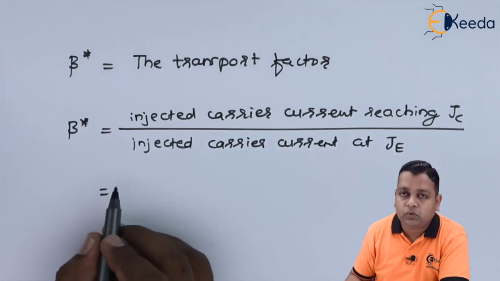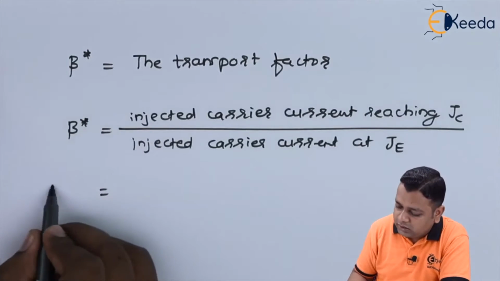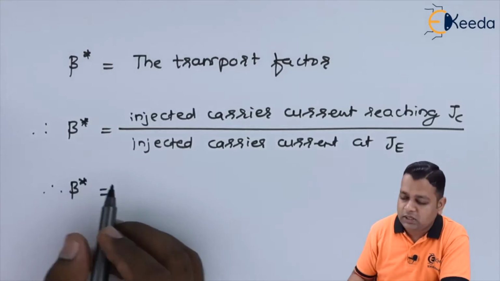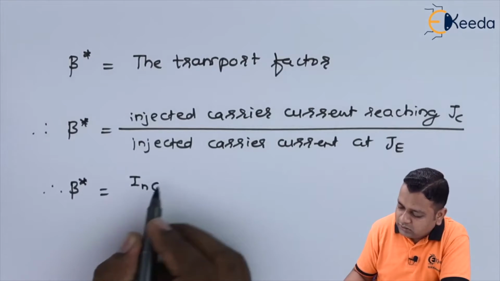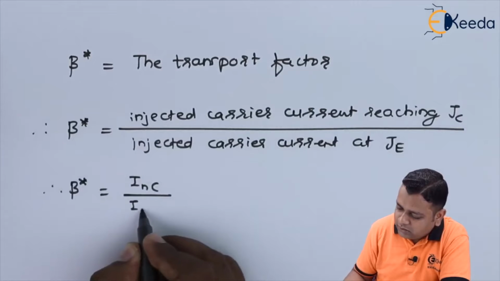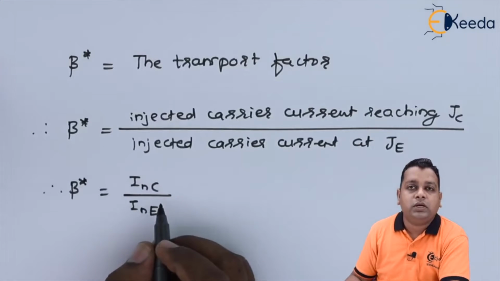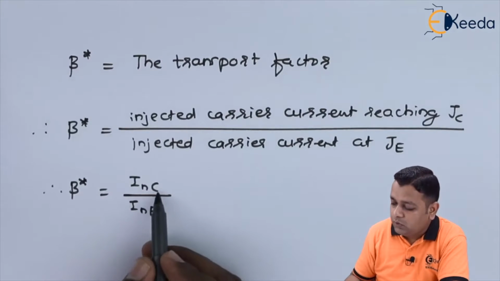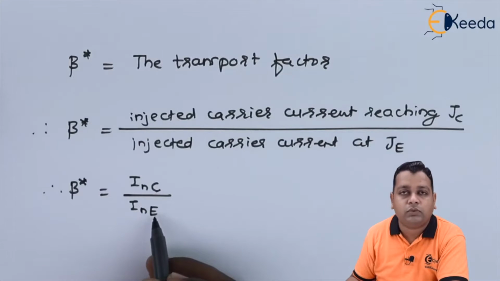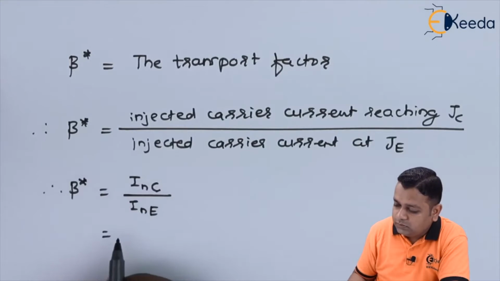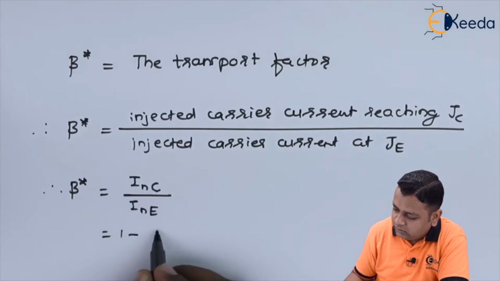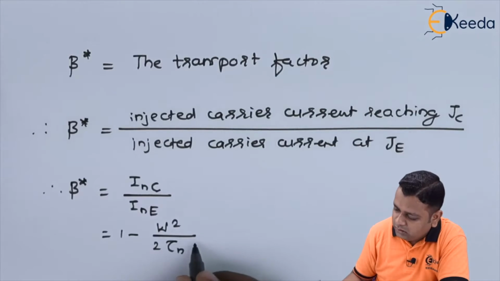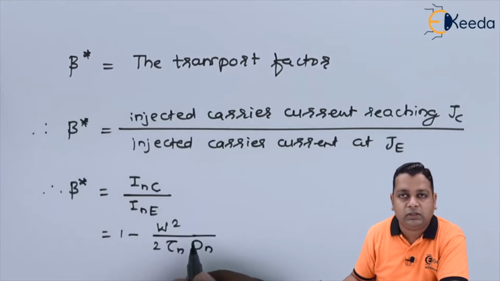Further, in terms of the two current components, we can express this transport factor beta asterisk as the ratio of capital I suffix NC divided by capital I suffix NE here. Both the charge carrier components we consider to be electrons, corresponding to the collector region and that of the emitter region. It can also be expressed as 1 minus W square divided by twice tau suffix n into capital D suffix n here.